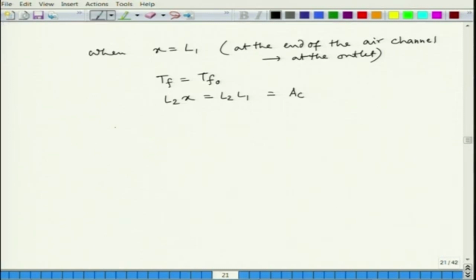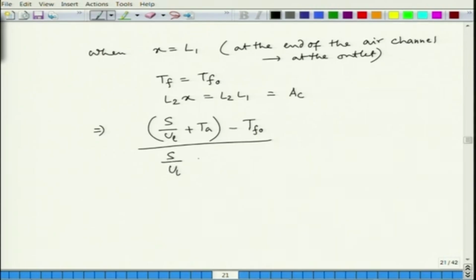So, what we can write, that S divided by UL plus TA minus TF naught, because we have put x equal to L1. Okay. That is why the temperature will be the outlet temperature, S over UL plus TA minus TFI. Okay.